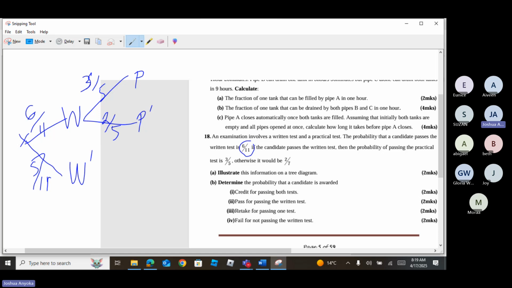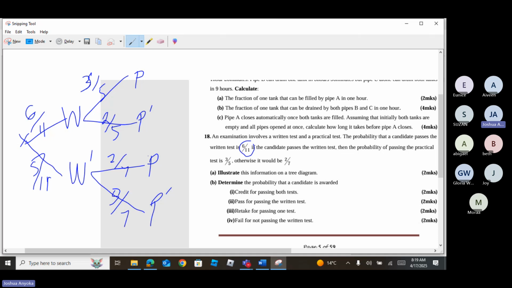Otherwise, it could be 2/7. Otherwise means now after failing the written test, there are also chances that this person can pass the practical test or can fail. So if the candidate fails the written exam, the probability of passing practical is 2/7, failing practical is 5/7.